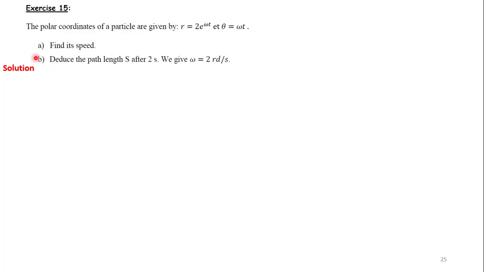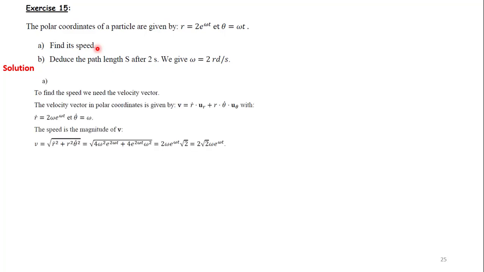Question A, find its speed. So we need to find the magnitude of the velocity vector. Let's start with the definition of the velocity vector. The velocity vector can be written in polar coordinates as r dot u_r plus r theta dot u_theta. Here, u_r and u_theta are unit vectors.